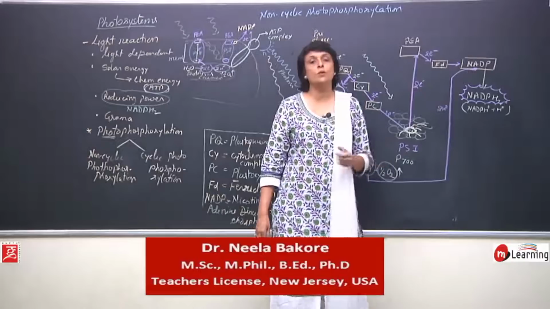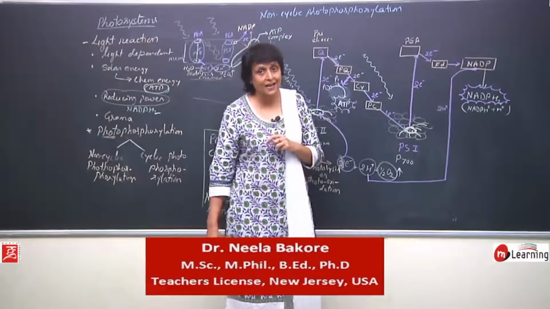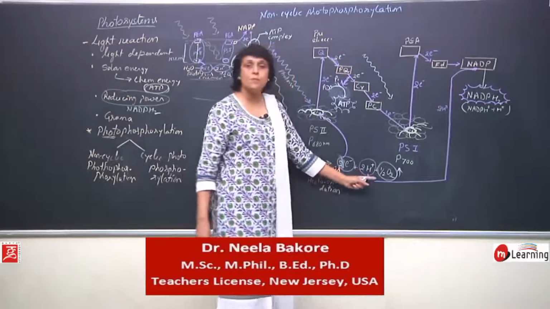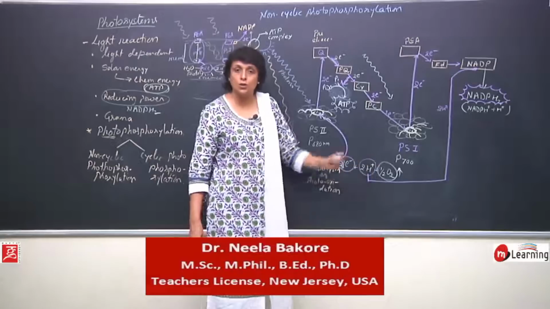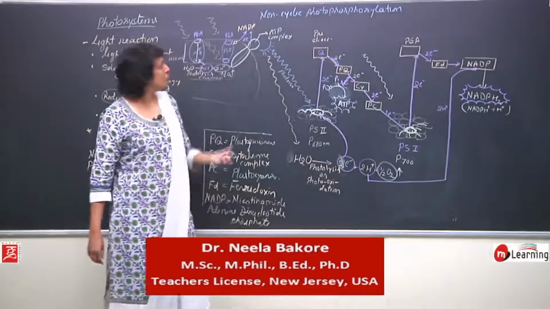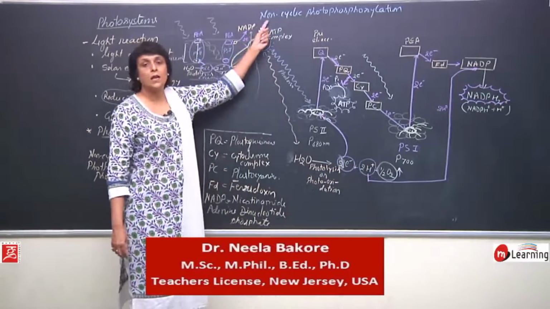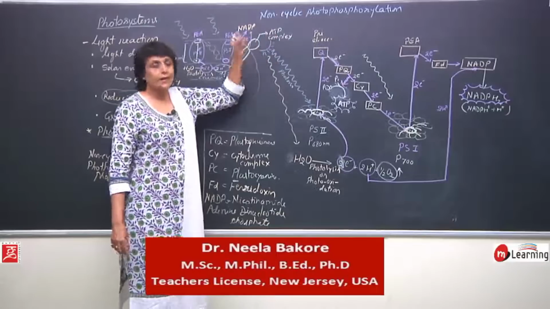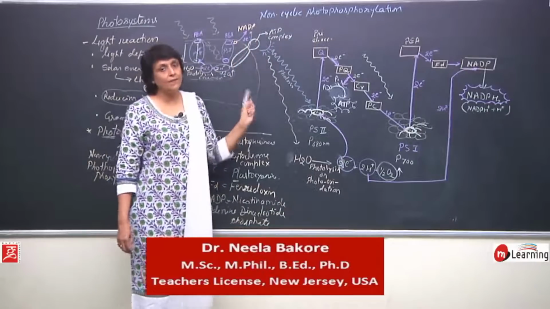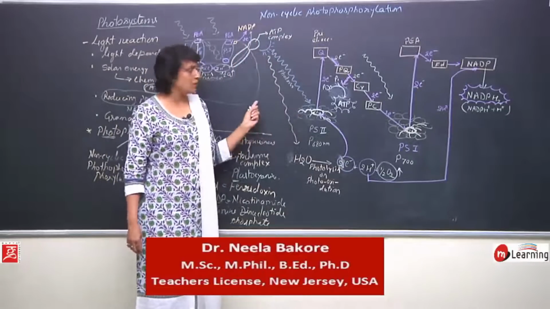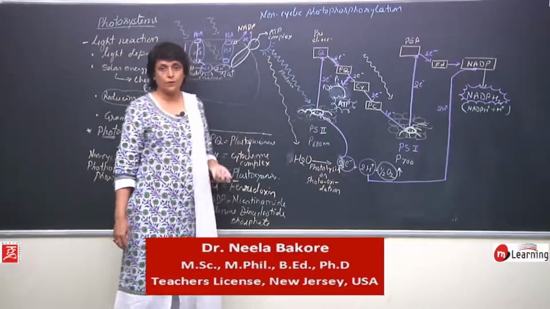Both these things will be utilized in dark reaction. Plus, the byproduct of photosynthesis, that is oxygen, is also given out during this non-cyclic photophosphorylation. Now, let us take cyclic and then we will compare both these, that is non-cyclic with the cyclic photophosphorylation.